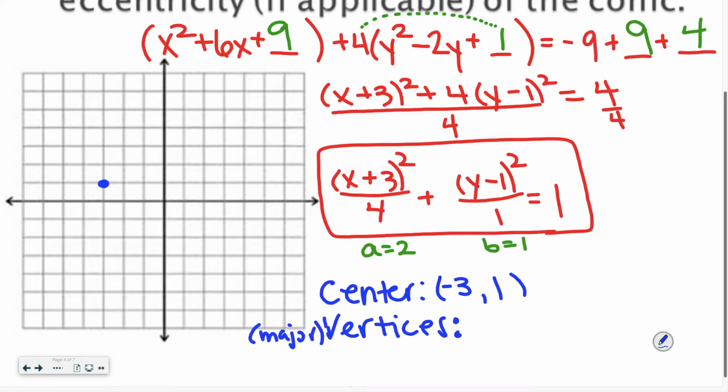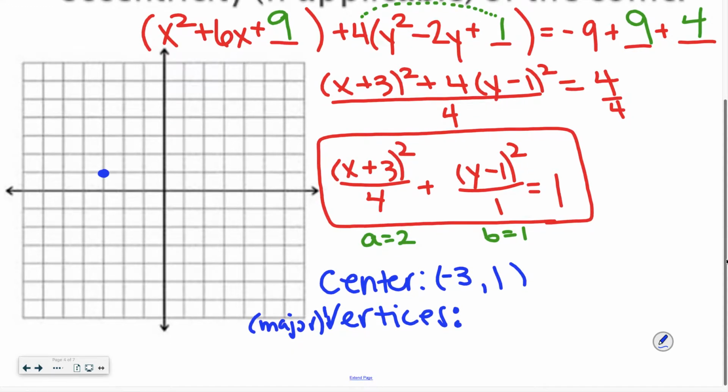But, I mean, really, they're just vertices. But I like to emphasize the fact that they're on our major axis. Okay? Our major vertices, we are going to move horizontally 2 from the center. So our major vertices are going to be at negative 1, 1 and negative 5, 1. Like we did Monday, plot them, then write them down.